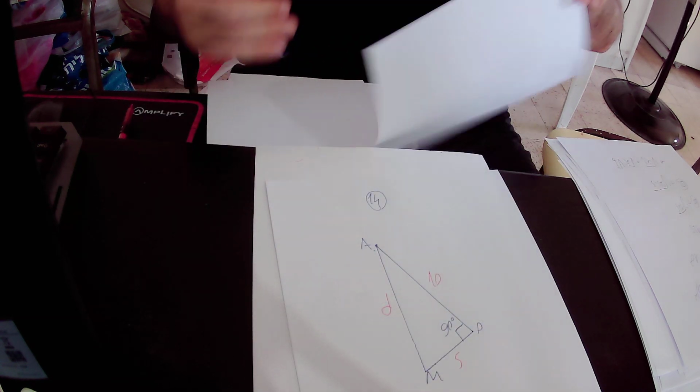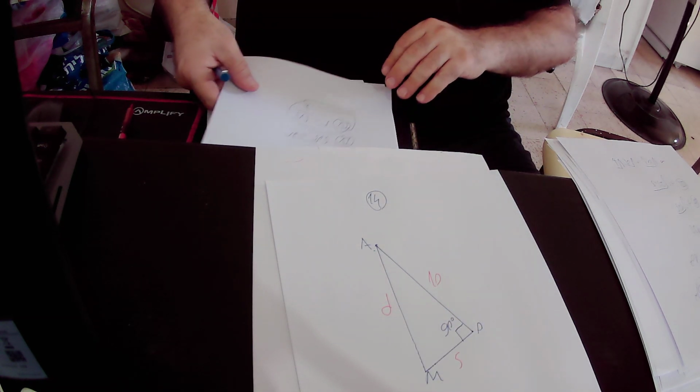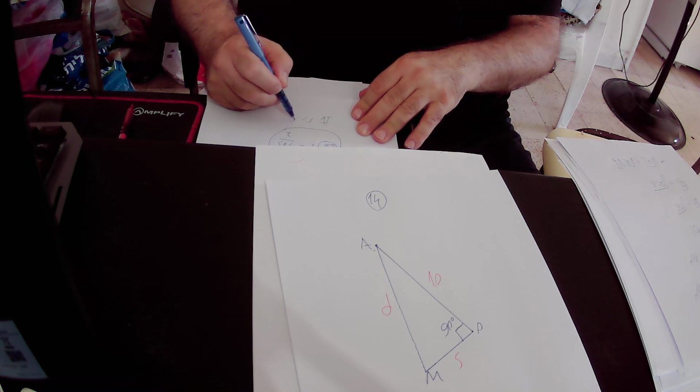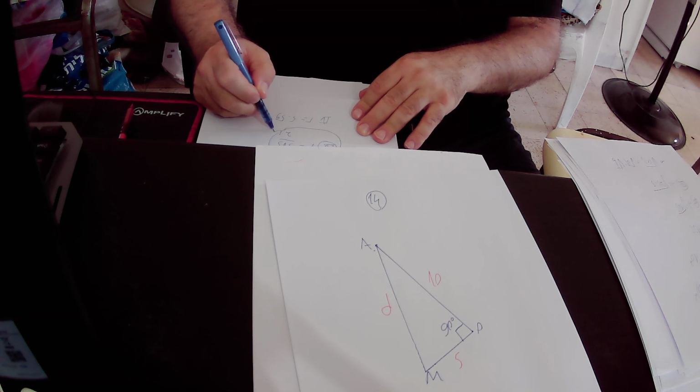Or we can also say that the radius of the circle equals 5.59 units.